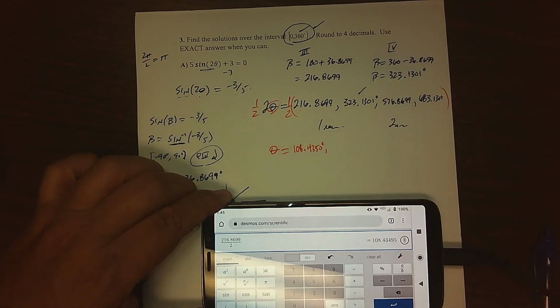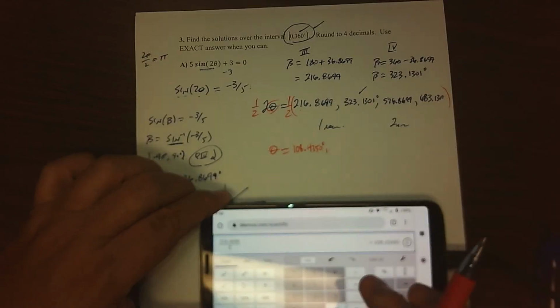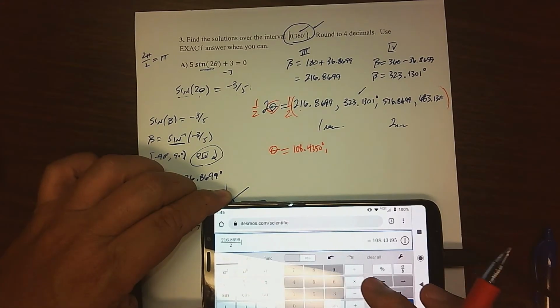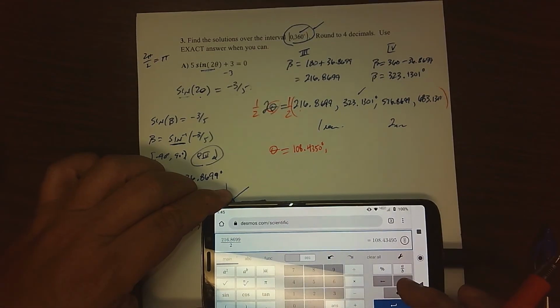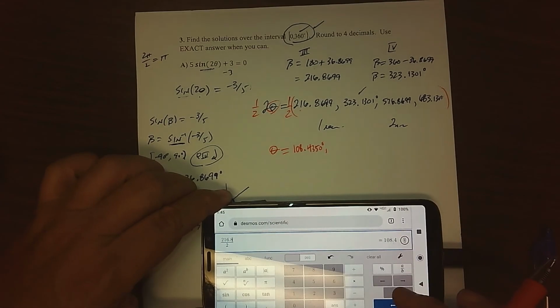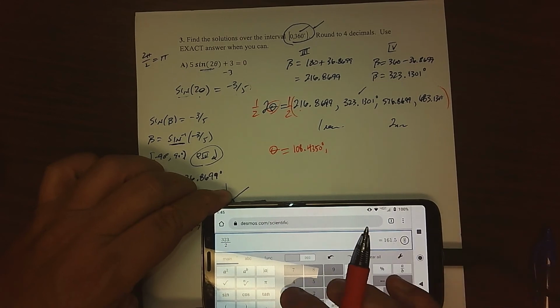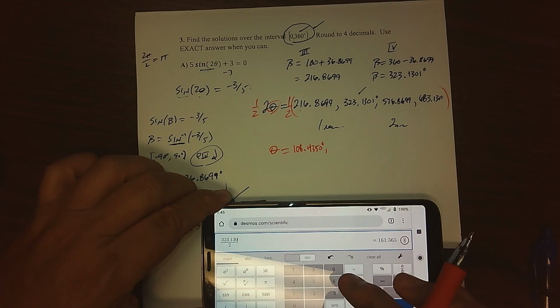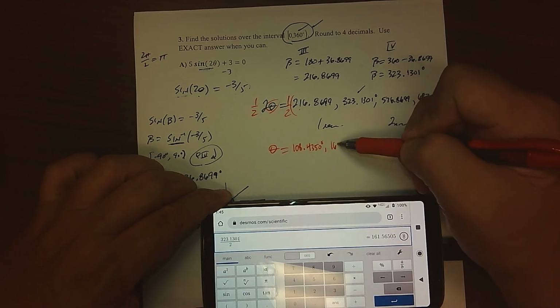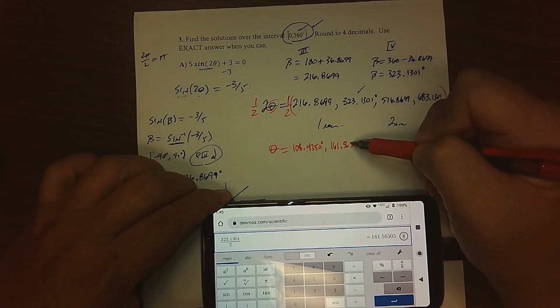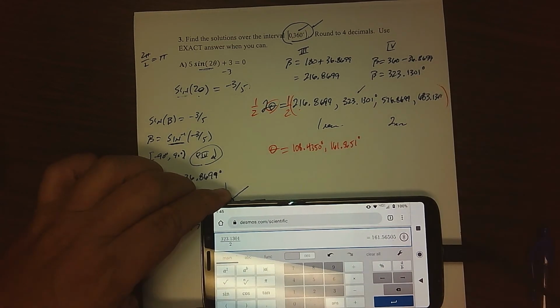So that falls within that range. If I take the 323.1301, that gives us 161.5651. So that also falls within what I want.